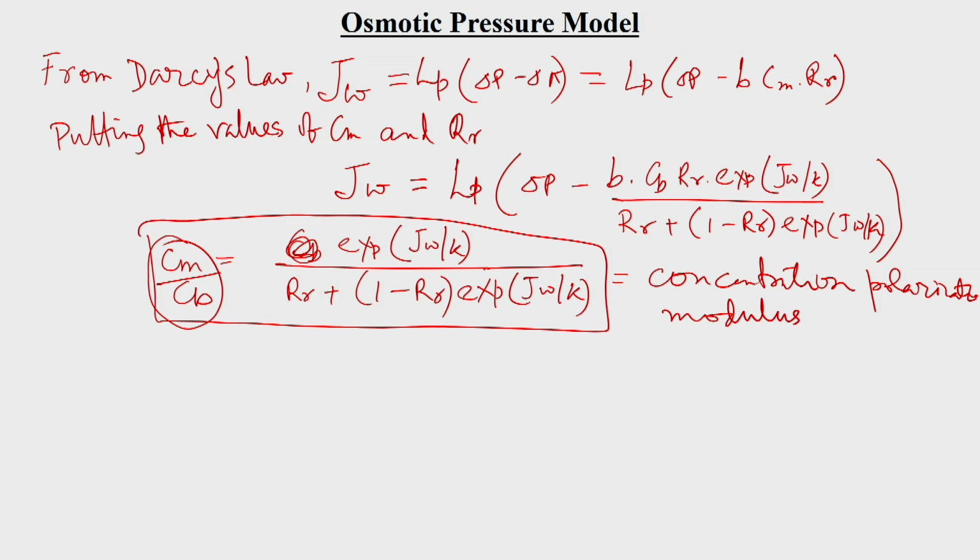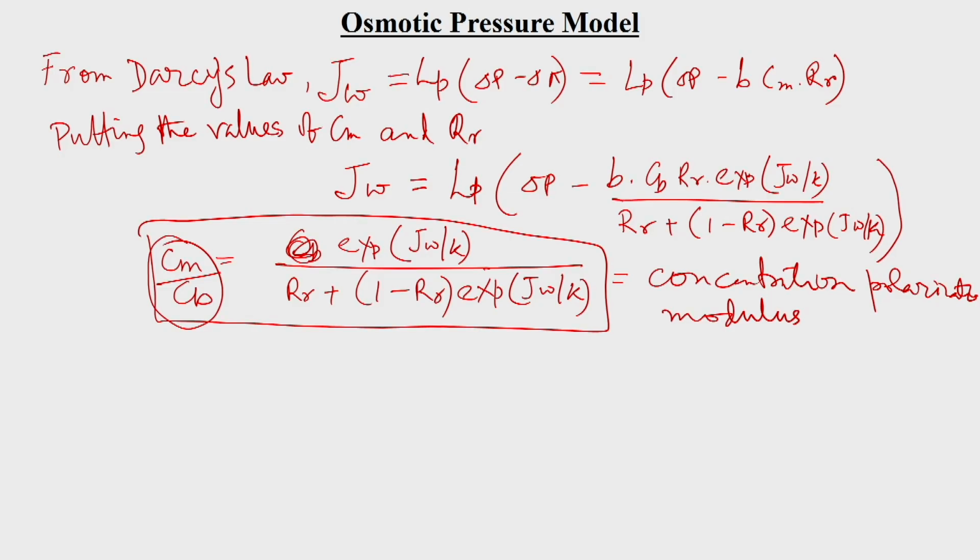If Cm by Cb is very high, then the membrane surface concentration of the solute is much higher compared to the bulk, or the flux value will go on decreasing, or the Rr value will go on decreasing, and with the k value it will go on increasing.